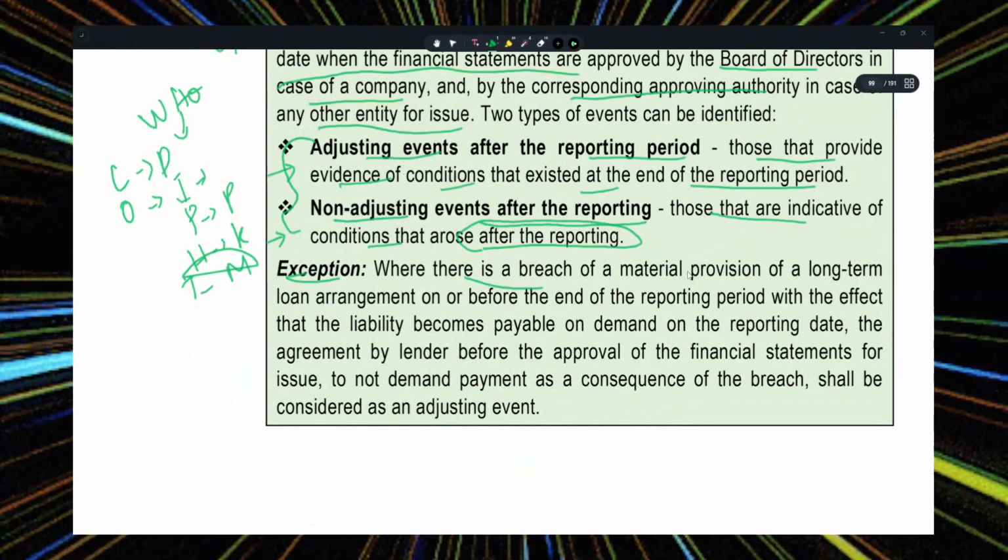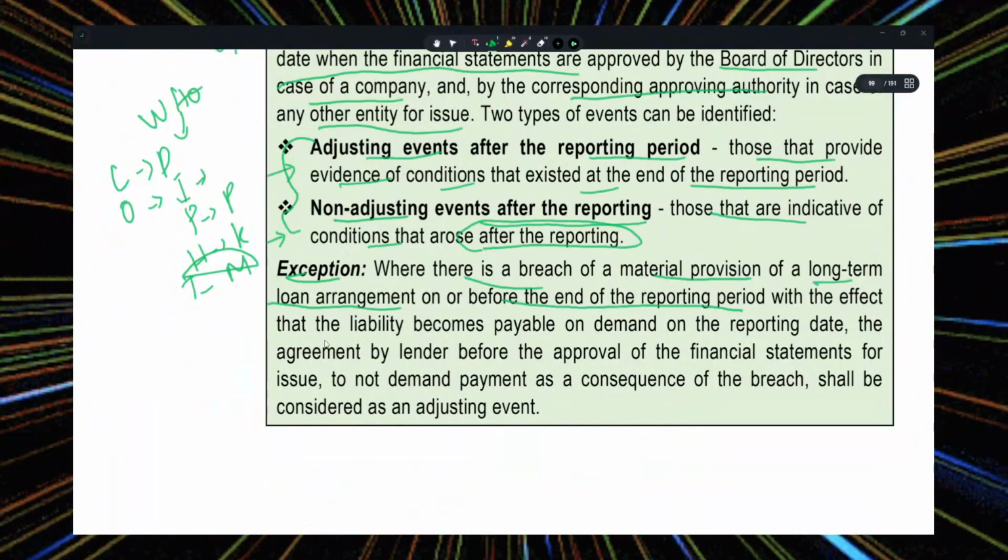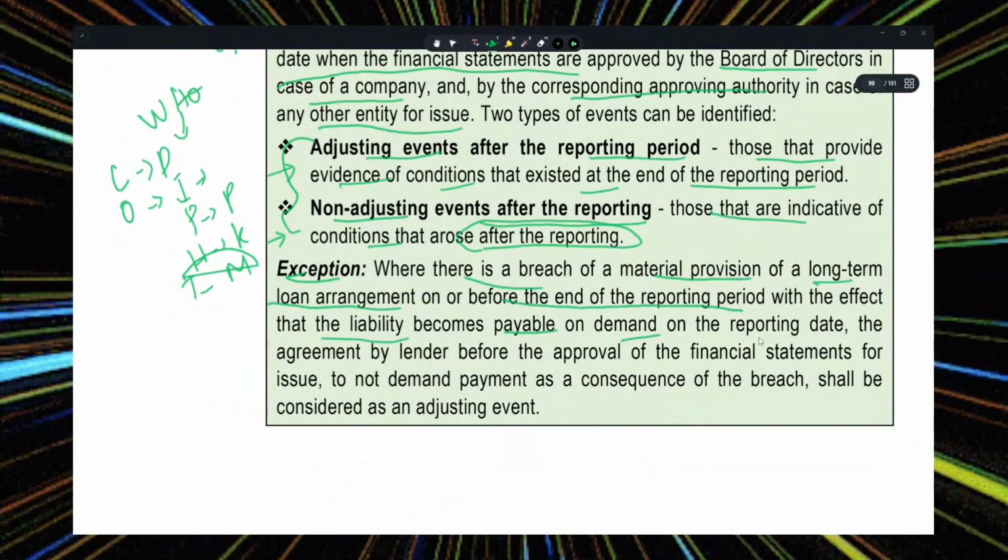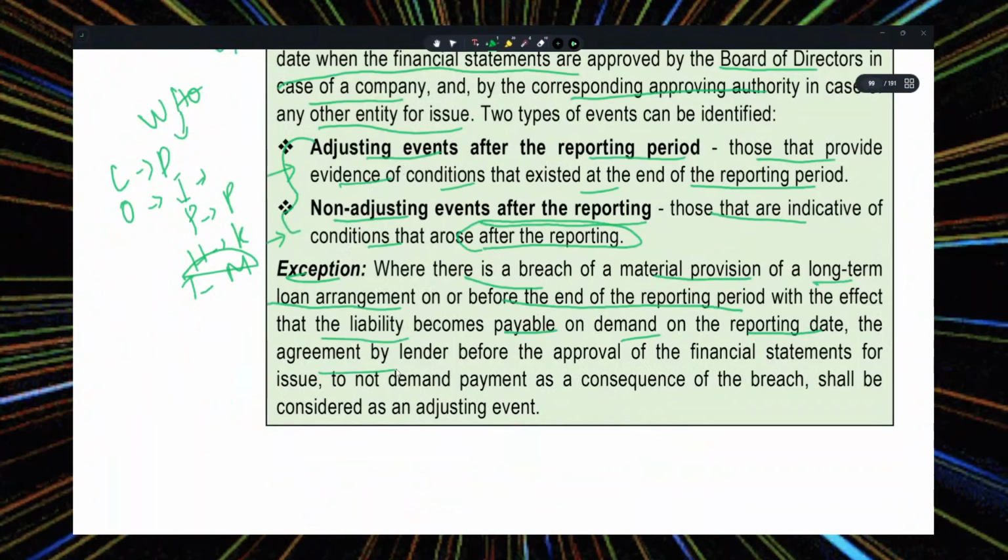There is an exception: when there is a breach of a material provision of a long-term loan arrangement on or before the end of the reporting period, with the effect that the liability becomes payable on demand on the reporting date, an agreement by the lender after the reporting period and before approval of the financial statements for issue, not to demand payment as a consequence of the breach, shall be considered an adjusting event. What I am saying is that they are giving an exemption on one thing.